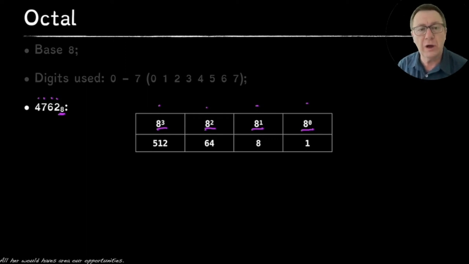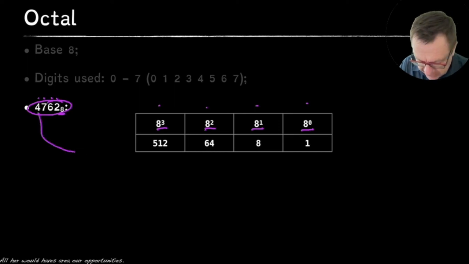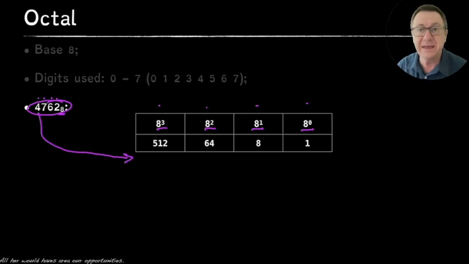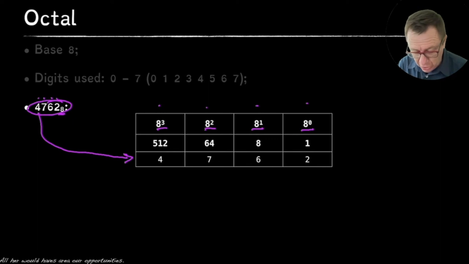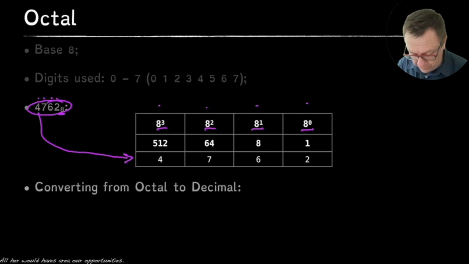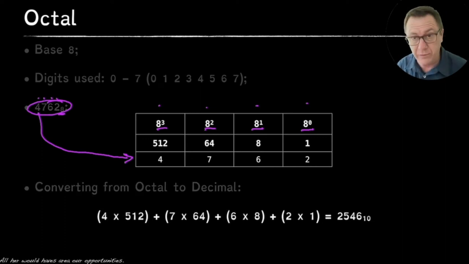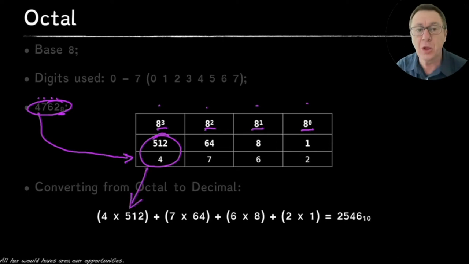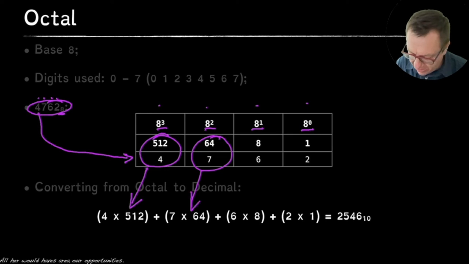Easy. Now, as we've done before, we take those and pop them in there. So the 4, the 7, the 6, and the 2. We do 4 lots of 512, 7 lots of 64, 6 lots of 8, and 2 lots of 1.